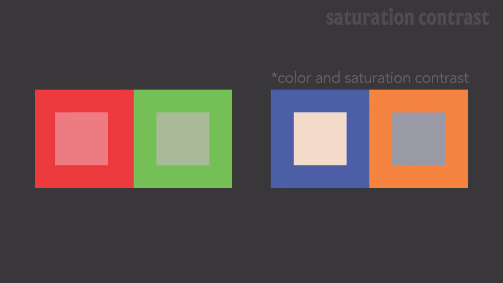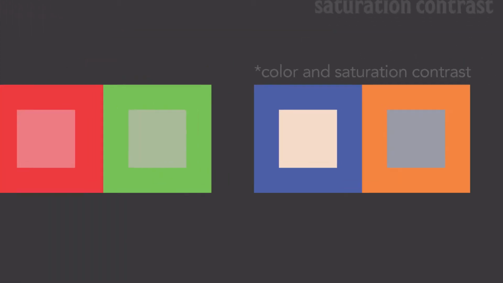In this example, we have again the same set of colors, but this time the center boxes are the same color as the outer box. They are desaturated, probably around 60%. Looking over here at the red and green boxes, you can see that there is a difference between the two. One is clearly very saturated and the other one is desaturated. If we go over to the other set, I have swapped the boxes.